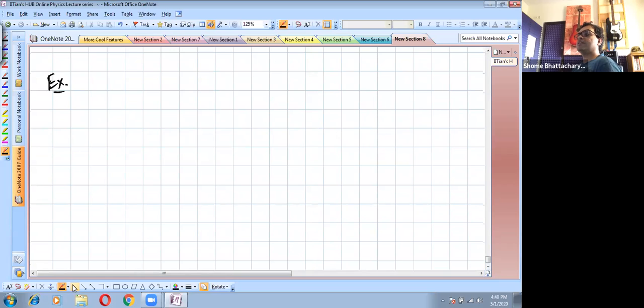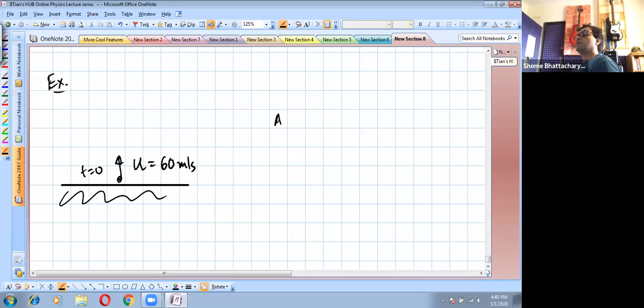So what we are doing in this example is, from the ground level, let's say a ball is thrown vertically upwards at time t equal to 0 with an initial velocity of, let us say, 60 meters per second.